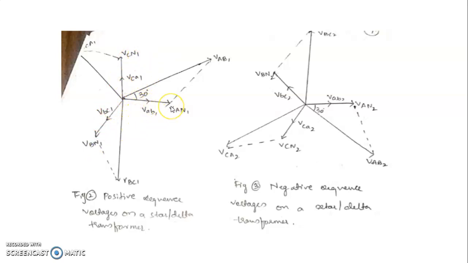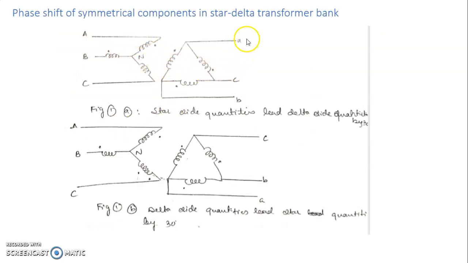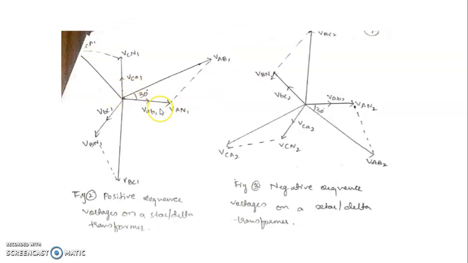Now we want to draw the relationship between the delta side and the star side. The delta side quantities are the small letters vab, vbc and vca. If you draw the vector diagram with a 30 degree angle, we will get vab1. We can observe from the vector diagram that the delta side voltage lags the star side voltage by an angle of 30 degrees, and it has a magnitude difference also. The small vab1 has a smaller length, whereas capital VAB1 has a larger length.